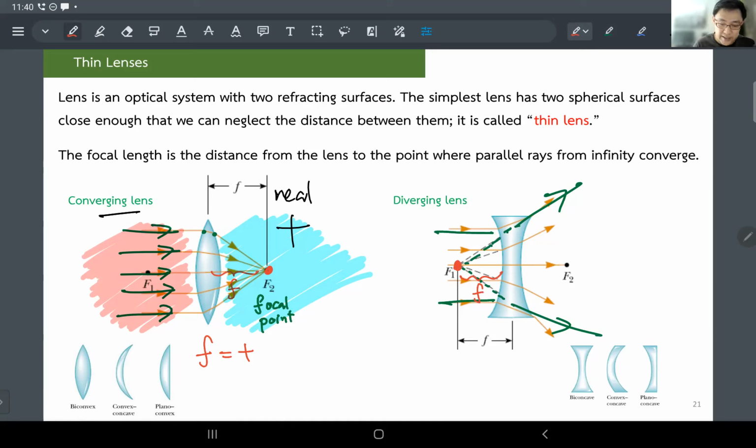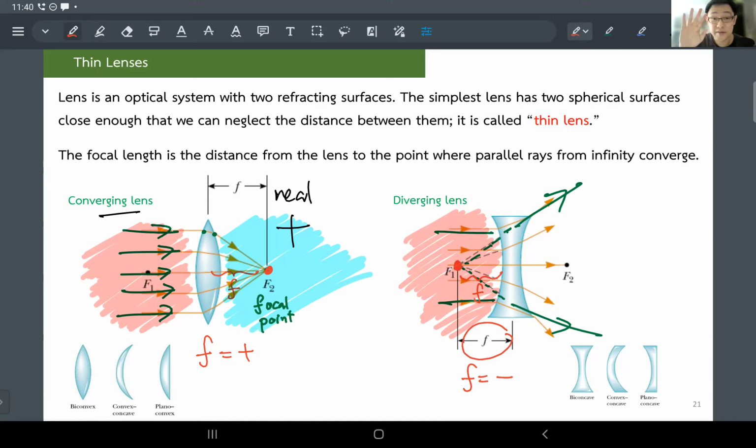And the front side is your negative side. Light shouldn't be here anymore. It's supposed to penetrate through and go out to the other side of the lens. So that's why for this type of lens, the focal length is going to be negative. Isn't that cool?